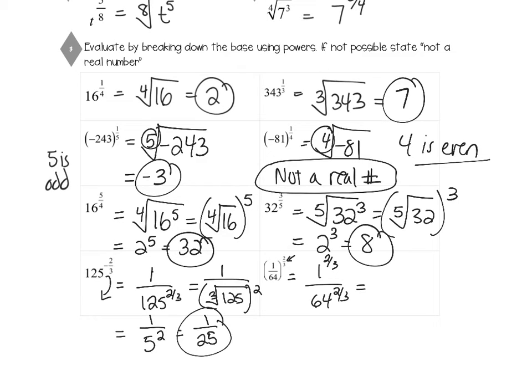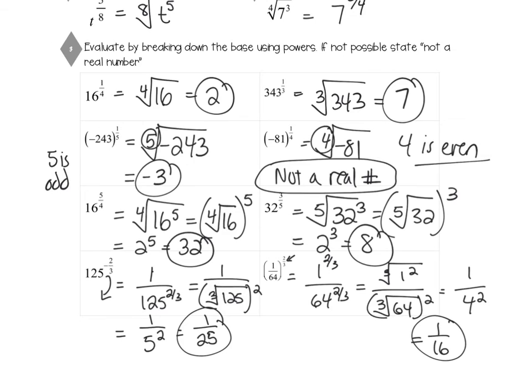And then further, you're going to break each of those down. 1 to the 2/3 is the same thing as the cube root of 1 squared all over the cube root of 64 squared. Well, the cube root of 1 is just 1, so we know our top is just going to be 1. The cube root of 64 is actually 4, and then 4 squared is 16. So this one has a final answer of 1 over 16.